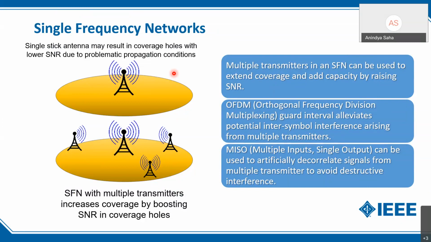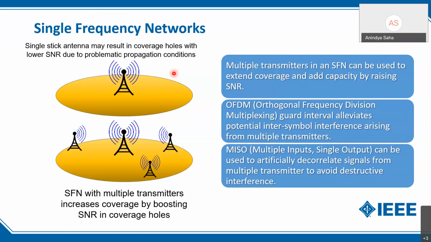Now, if you consider a single stick antenna, what you will encounter is that at some places, because of propagation conditions or the terrain, the signal strength is not really constant, it varies. And it will also happen because of the path loss, which we all understand.